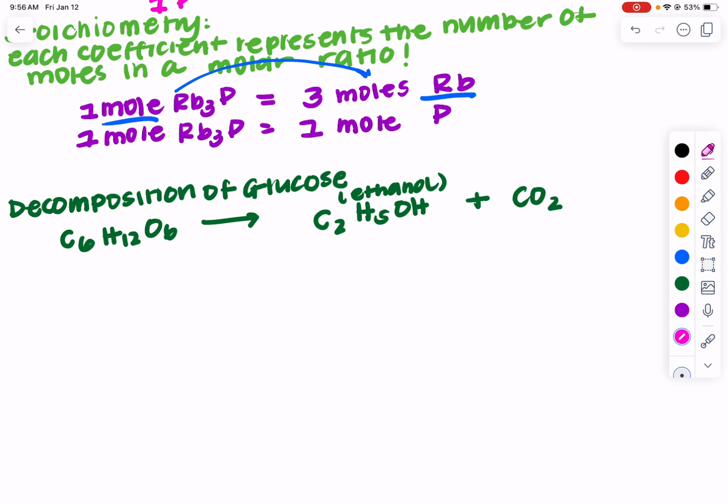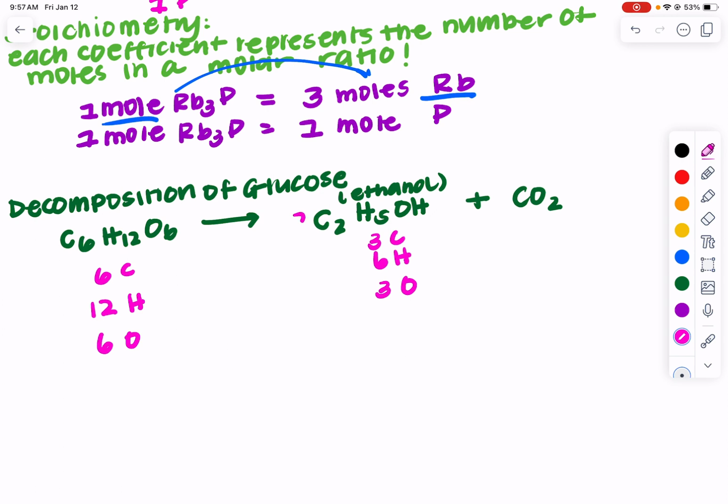If we were to balance this, we have 6 H's here, 3 carbons, and 3 oxygens. We have 6 carbons here, 12 hydrogens, and 6 oxygens.